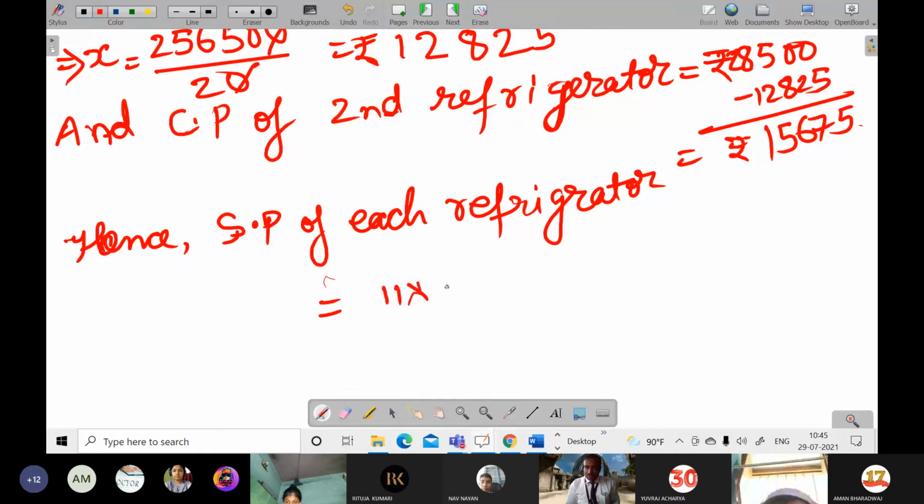So 11 into rupees, x value is how much? 12,825 by 10.